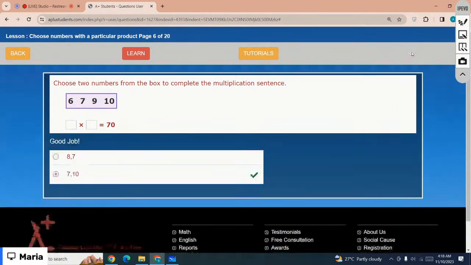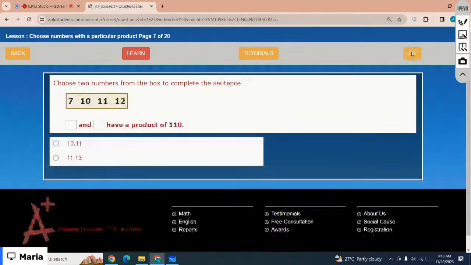The correct option is, choose two numbers from the box to complete the sentence.